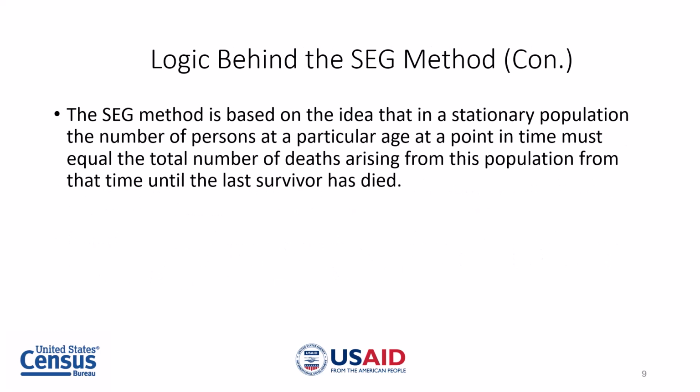The synthetic extinct generations method is based on the notion that eventually every person present in the population today will die in the future. In a stationary population, the number of persons at a particular age at a point in time must equal the total number of deaths arising from this population from that time until the last survivor has died.